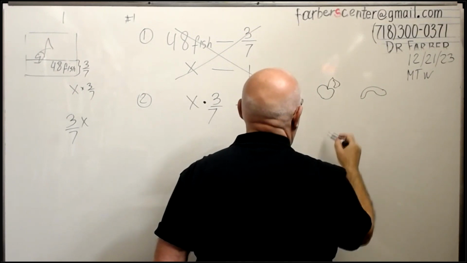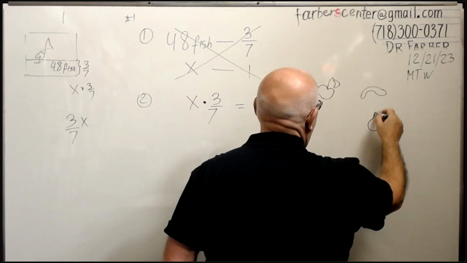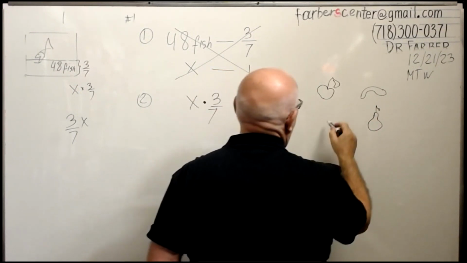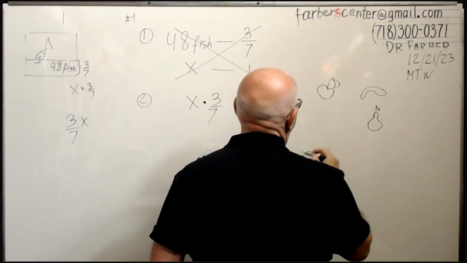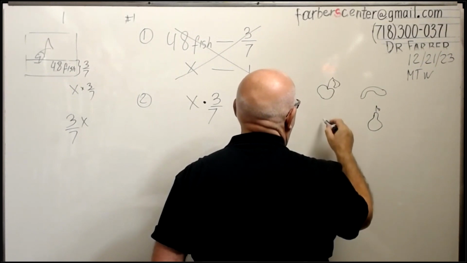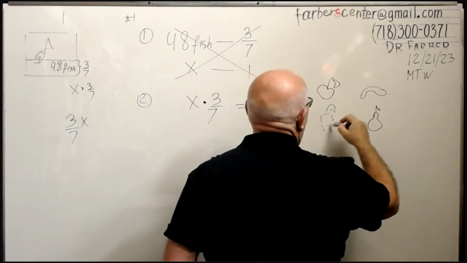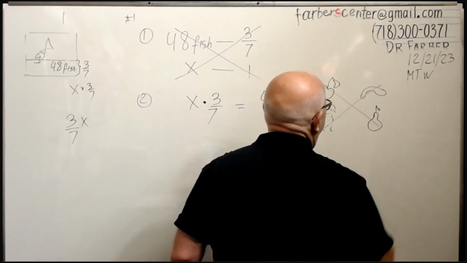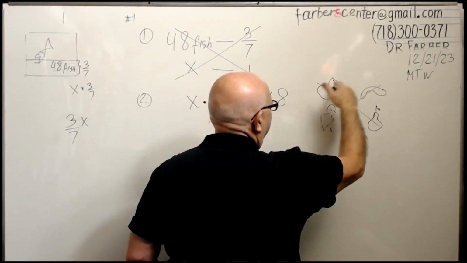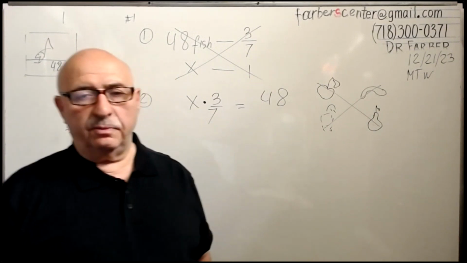This is, I don't know, any fruit, pineapple. In a proportion, this product and this product are the same. This times this equals this times this. It's not understanding. It's always a property of proportion.